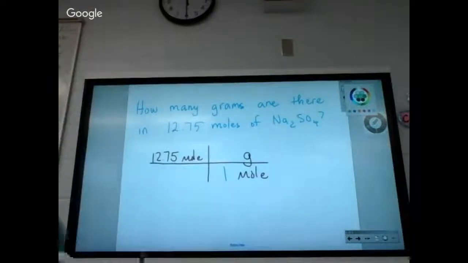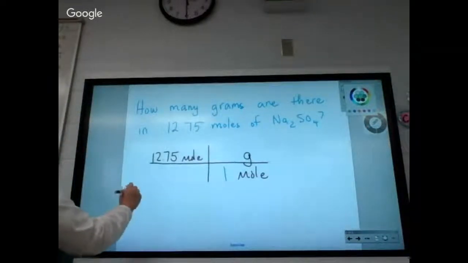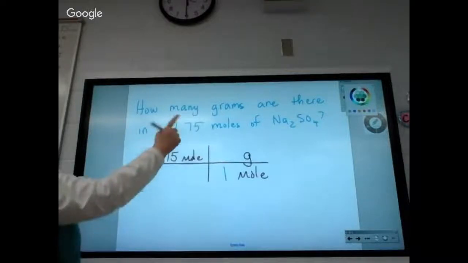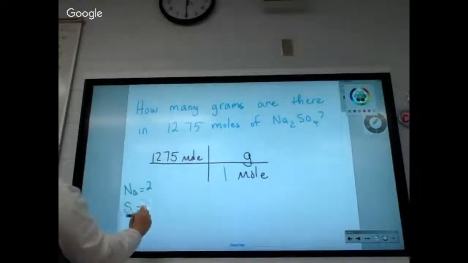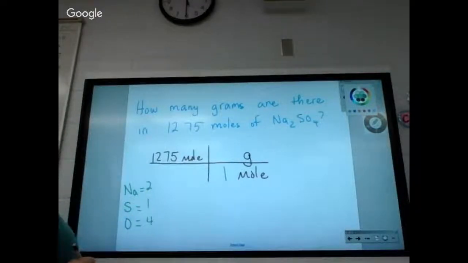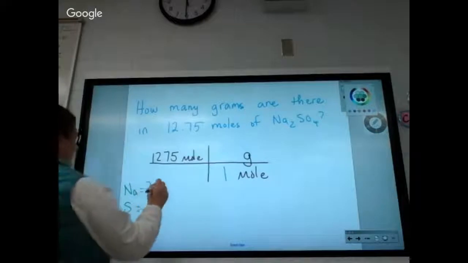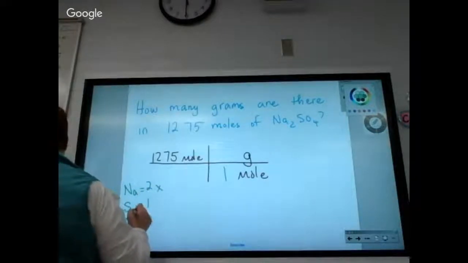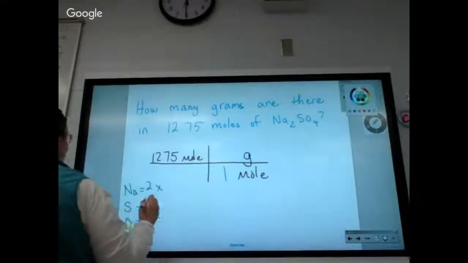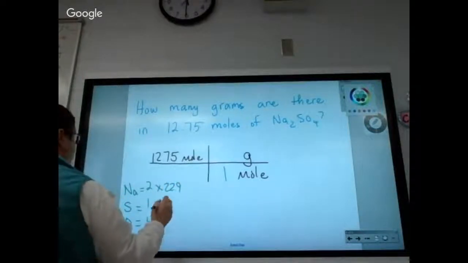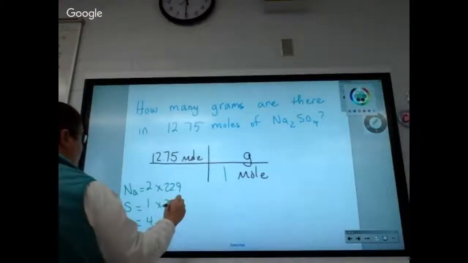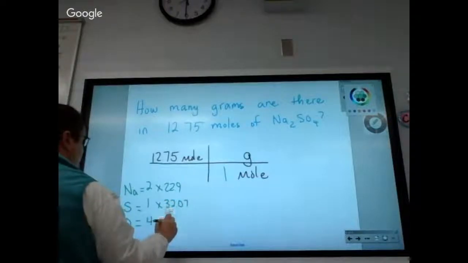So off to the side, you're going to say Na equals, how many Nas we got? How many S's we got? How many O's we got? What's the mass of Na? 22.9. Sulfur 32.07, and oxygen is 16.